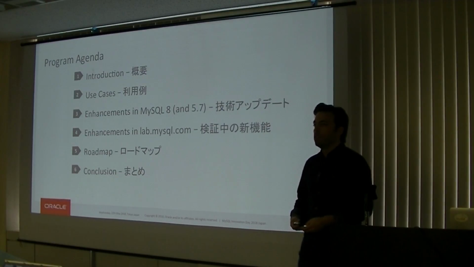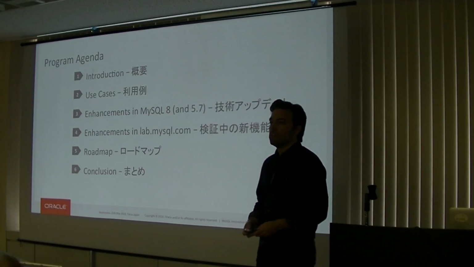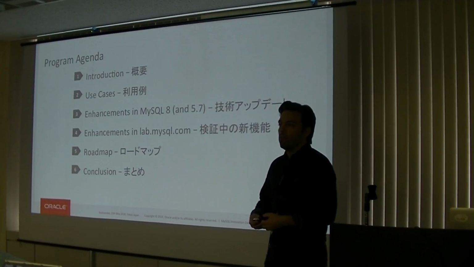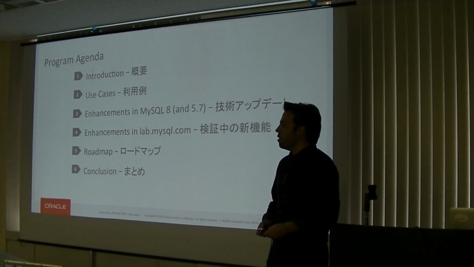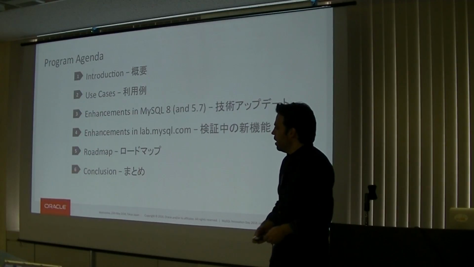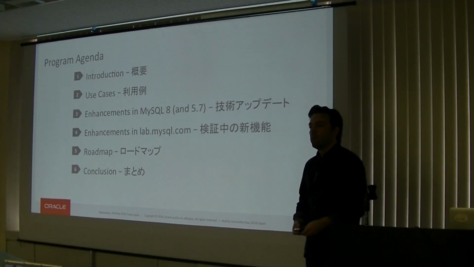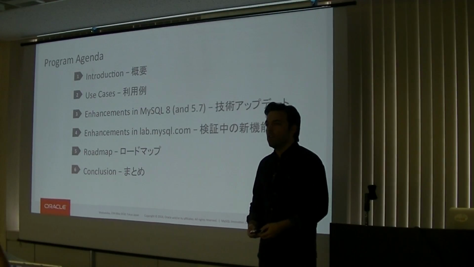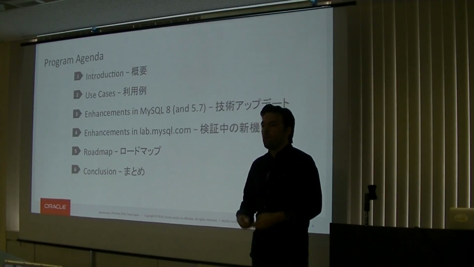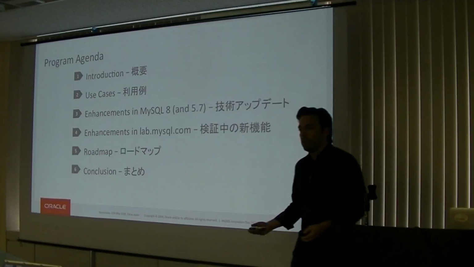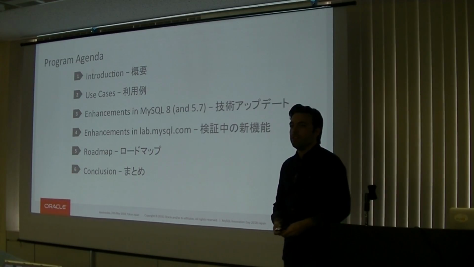So what lies ahead in our strategy in terms of new features that we want to put out, and the big picture of what we want to achieve with all these things that we're doing. And then, of course, conclude this session. So it's not a very big agenda, but the content is quite a lot. So I'll try to go a little bit fast. If you want more details about any of this, you can reach me by email or just grab me outside.